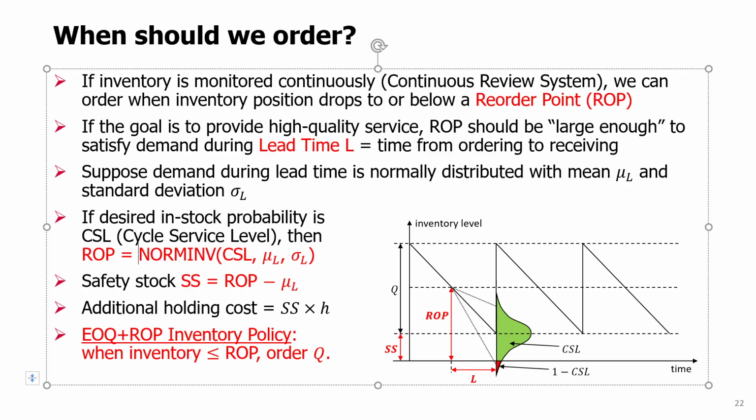You can calculate this as an Excel formula where you plug in the cycle service level. Cycle service level will be this probability of being in stock, and you plug in the mean and standard deviation, and you're going to obtain the reorder point, which is the level of inventory that should be sufficient for the demand during lead time with probability CSL.